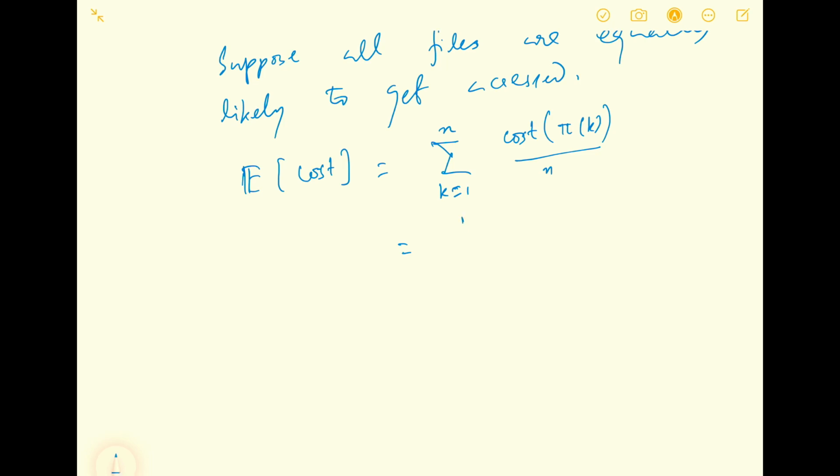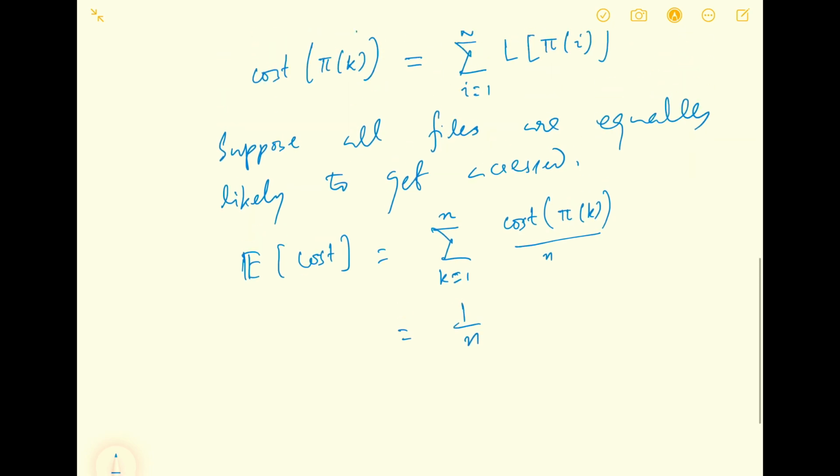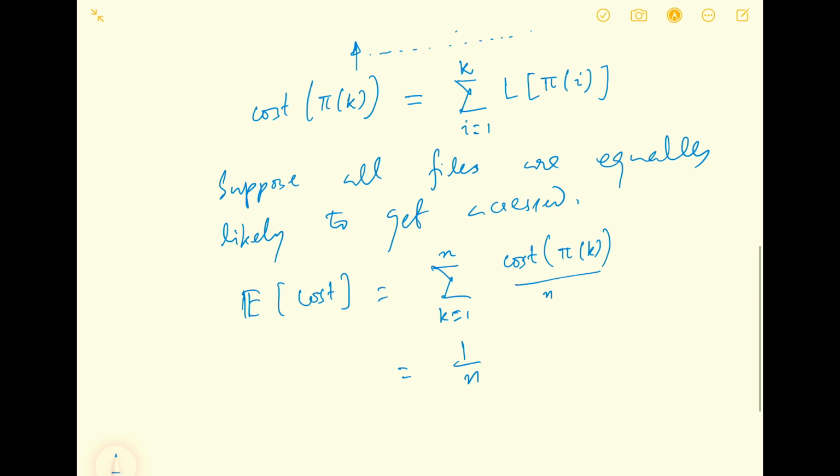So let's just write what is cost of pi k from here. This is summation k equal to 1 to n, summation i equal to 1 to k, L of pi i.